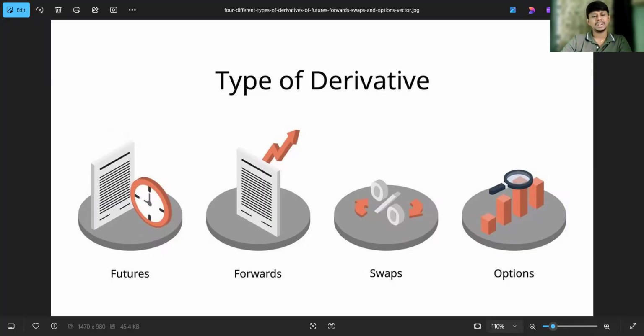So, the simple definition of a swap is an agreement between two parties to exchange cash flow in the future based on a set of rules they agree on today. That is it. No exotic magic, just two parties saying, I will pay you based on X, you pay me based on Y for a set period of time.